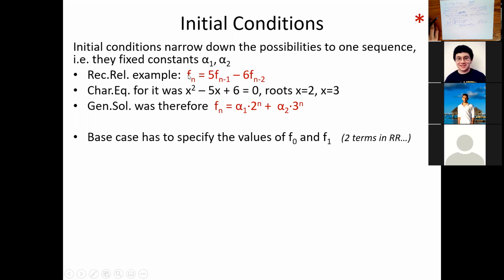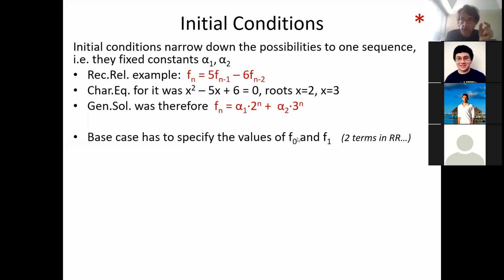Look, how many base cases do you need in order for this recurrence relation to define a sequence? You need 2, because the nth term is defined in terms of the previous 2. You always need the previous 2 at every step. So you have to define the values of the sequence at two subsequent points.